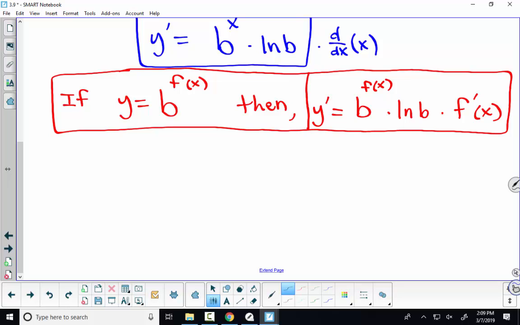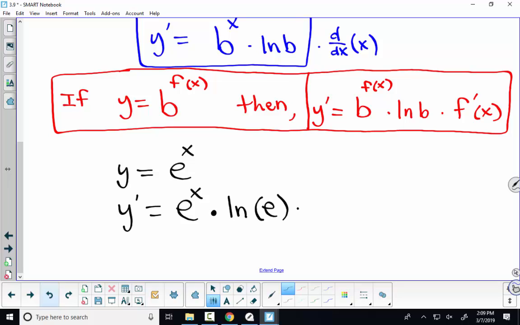Does that formula work for e to the x? If y is equal to e to the x, that formula says now this b right here is just e. So how do I take the derivative of b to the x? It says it's b to the x times the natural log of its base times the derivative of the power, which is x.